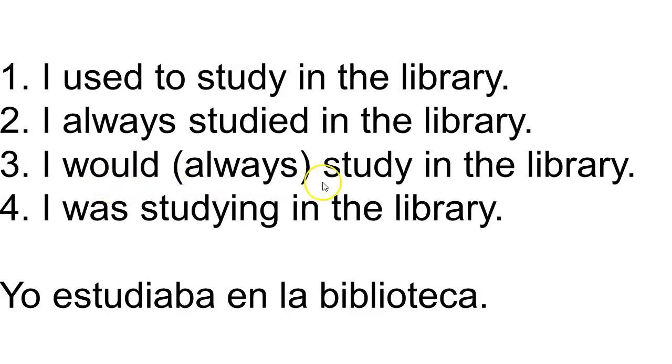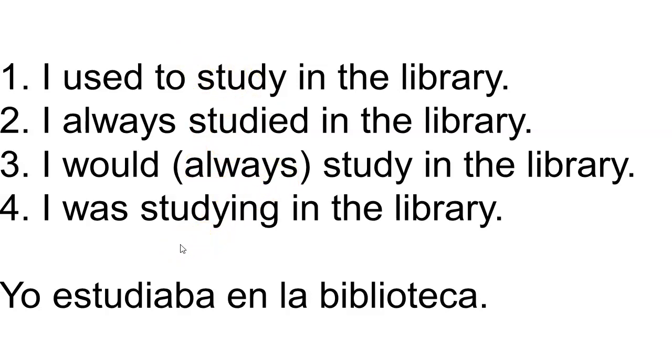So I would study in the library. If someone does not use the word always, it's implied here. I would always study in the library. Or when I was a freshman, I would study in the library. Maybe you'll say something like all the time, and it implies that over and over again. So estudiaba means these three things in English. We just have three different ways of saying the same thing.